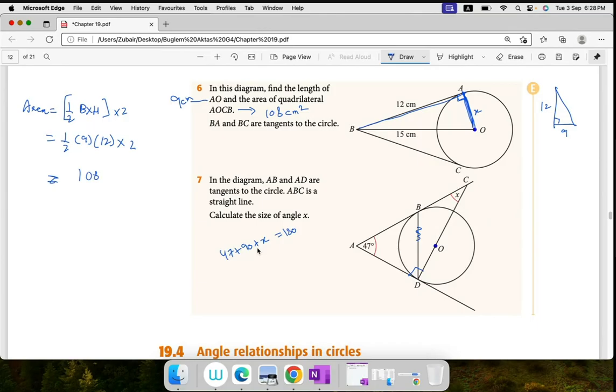ABD is isosceles, because AB and AD are equal. So that means that B and D are both equal, right? Yes. Okay, let's do it that way.